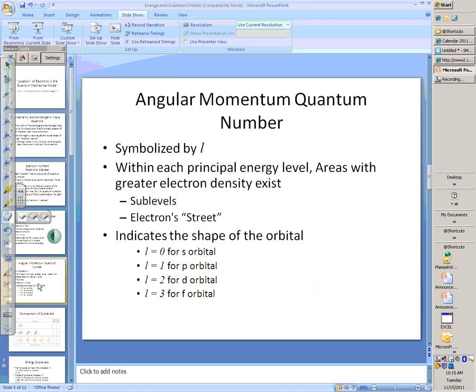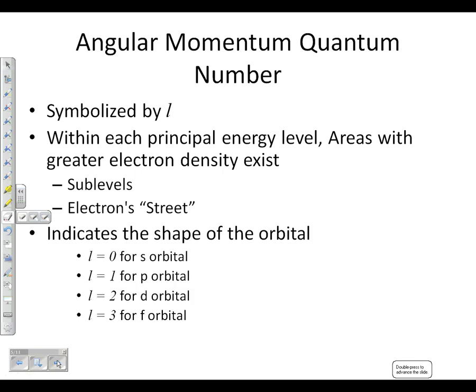Okay. What we use to represent these different shaped orbitals are these values for L. Okay? So, if L equals 0, that represents an S orbital. S is the spherical one.